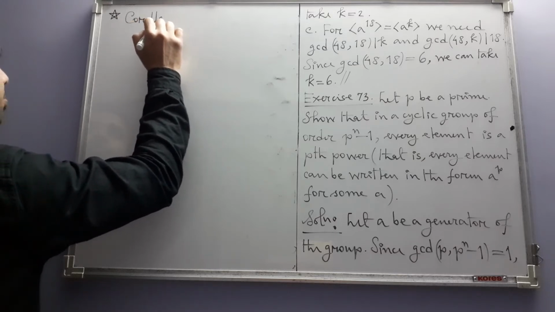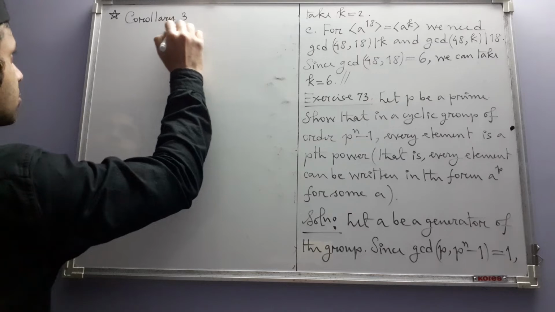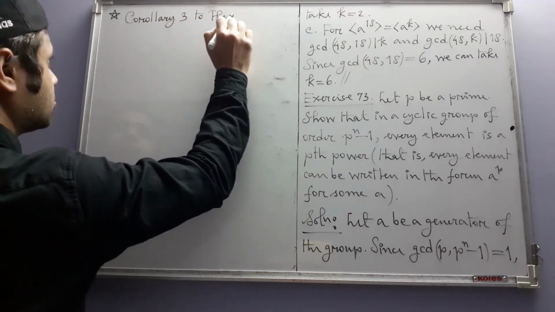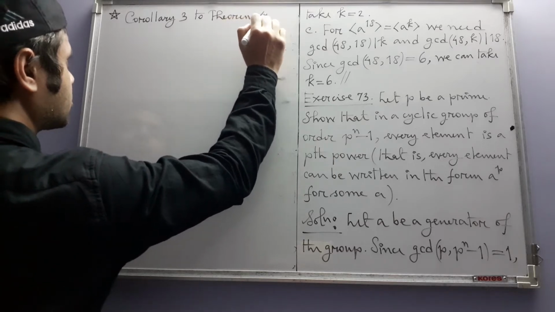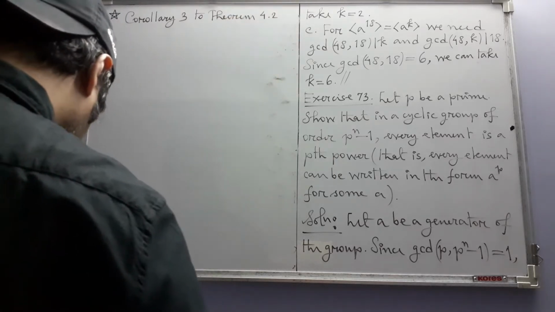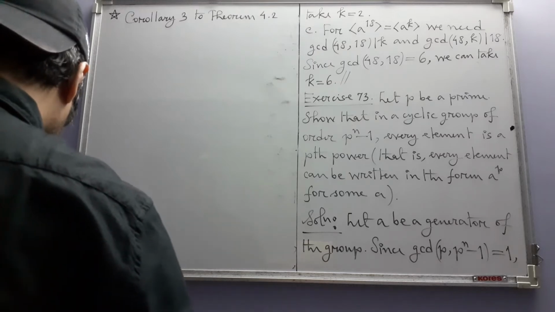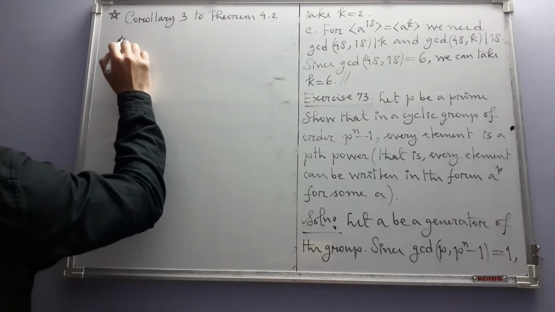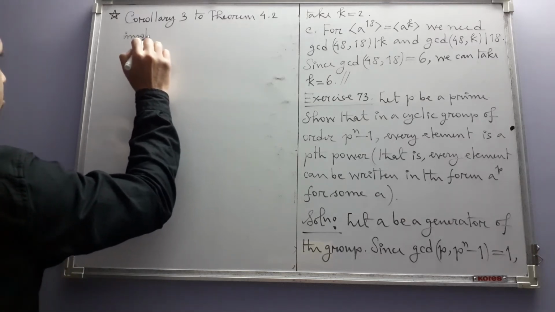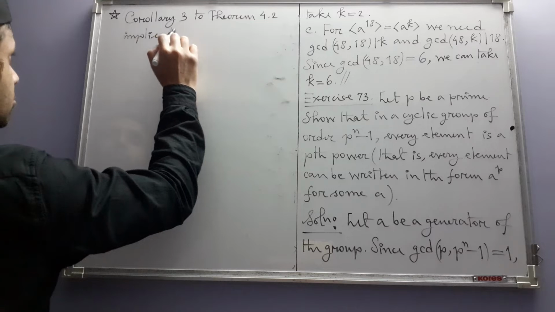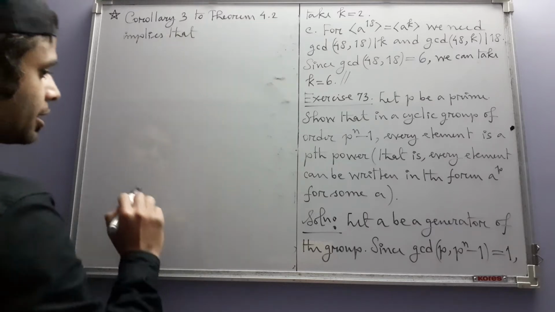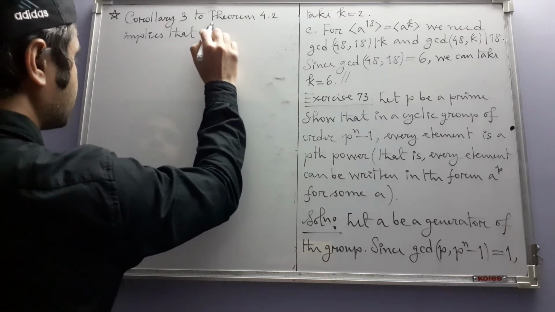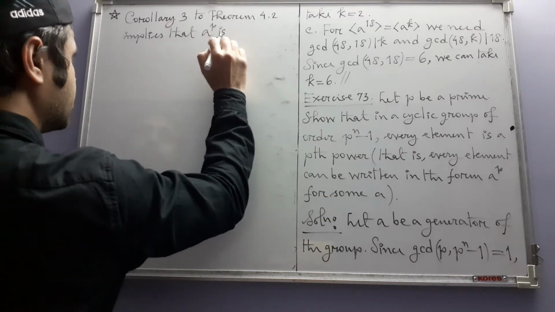So if this happens, then the third corollary to theorem 4.2 implies that this element A is a generator, but now a to the power p is also a generator.